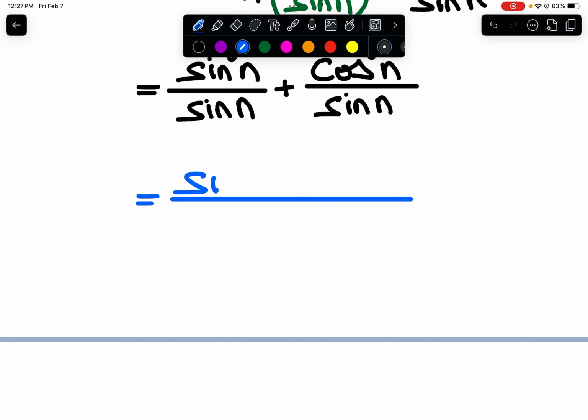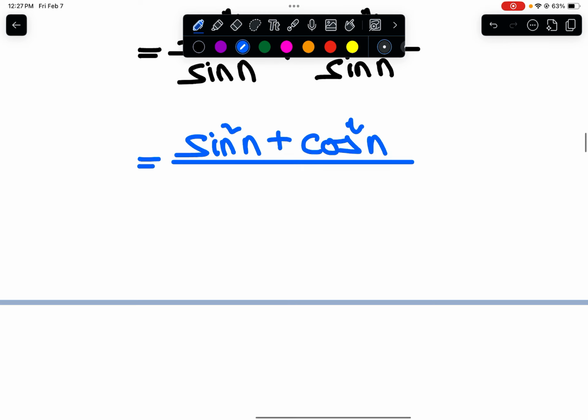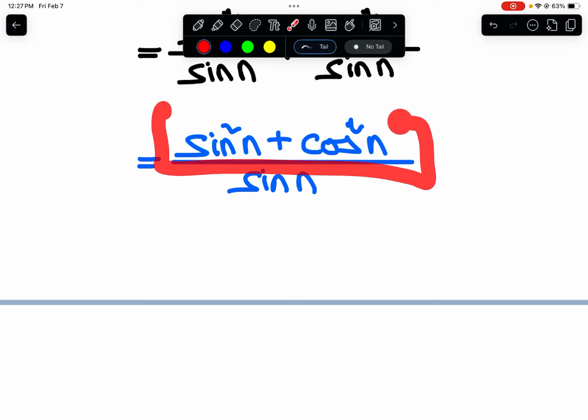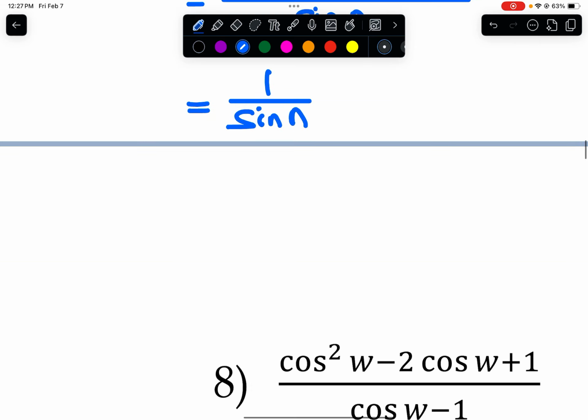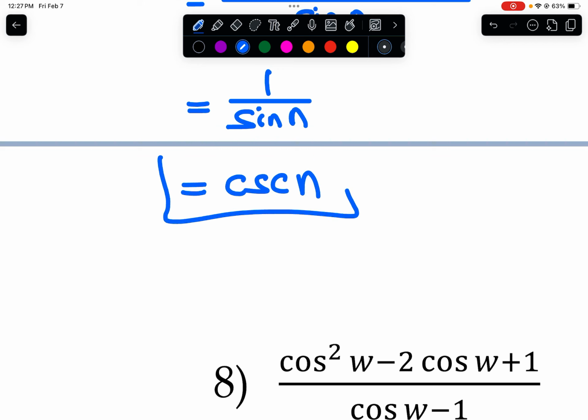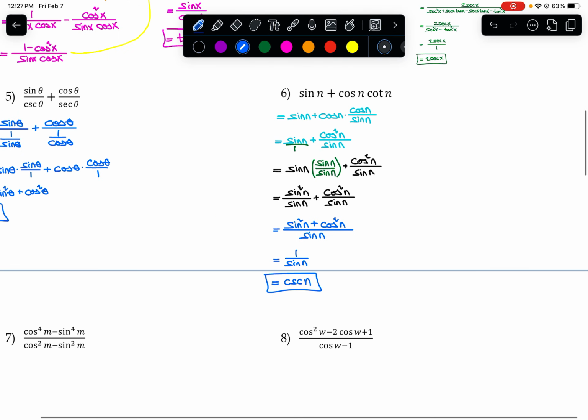Okay, so we're going to have sine squared n plus cosine squared n all over sine n. Now in the numerator, sine squared n plus cosine squared n, that's Big Papa, so that's going to be 1 over sine n. So 1 over sine is going to be equal to cosecant n. So there's your answer. Ta-da!